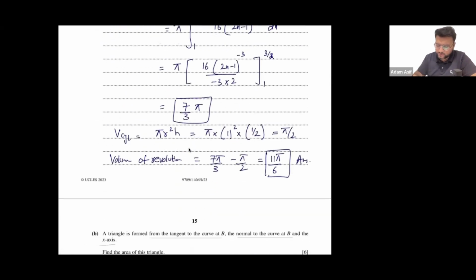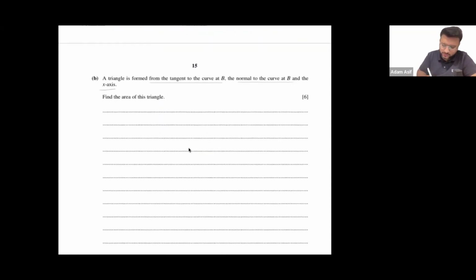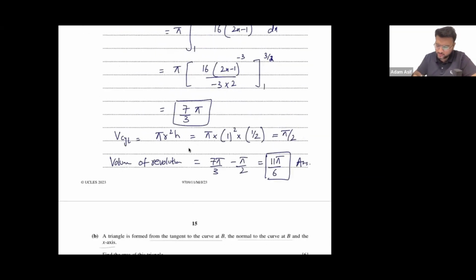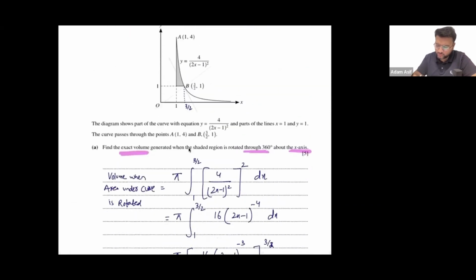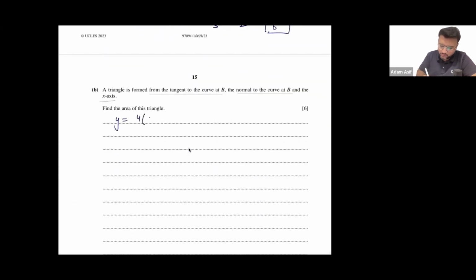So we will have to differentiate the function y equals 4 upon (2x minus 1) squared. Okay, let's find dy by dx. That's going to be minus 8 times (2x minus 1) to the power of minus 3 times 2, which is minus 16 divided by (2x minus 1) cubed.